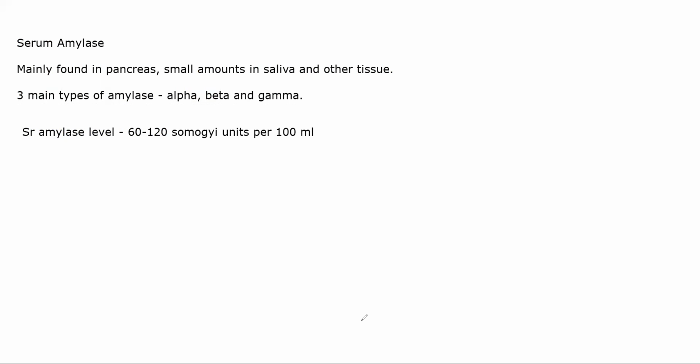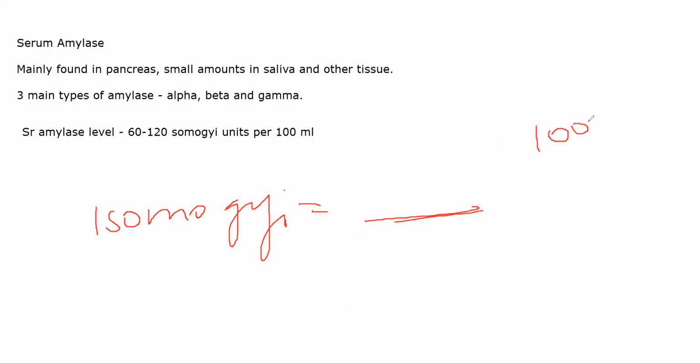So here you are measuring the capability of the enzyme to hydrolyze starch. Specifically, one Somogyi unit is equivalent to the total amount of amylase in 100 ml of blood that is able to produce 1 mg of glucose.